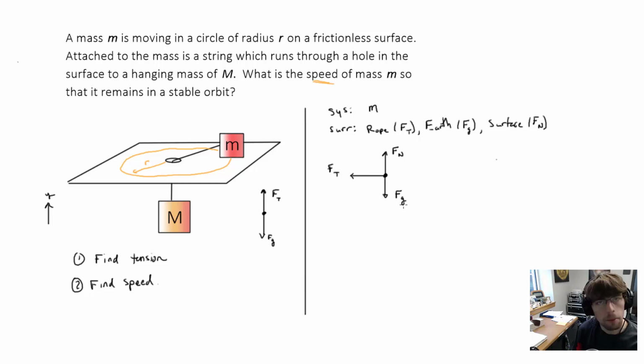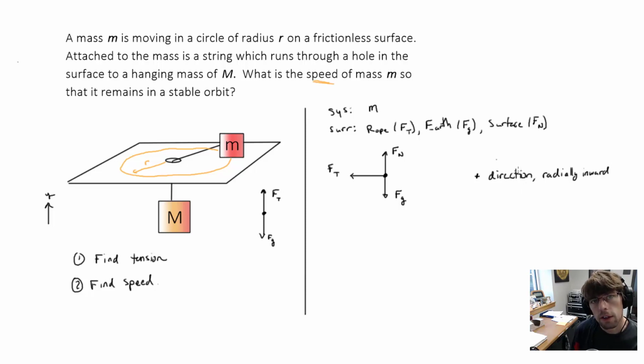I'm going to choose an axis system, but rather than choosing the usual kind of system, like our x, y, and z, to the right or to the left, I'm going to choose a different coordinate system. I'm going to call the positive direction radially inward.